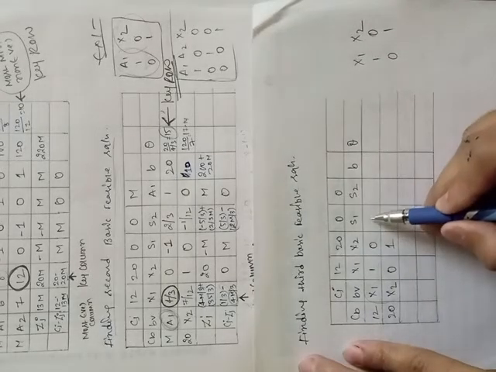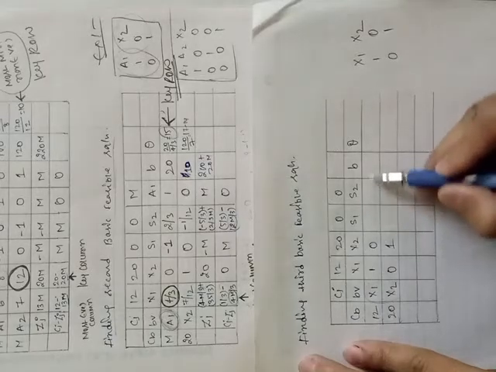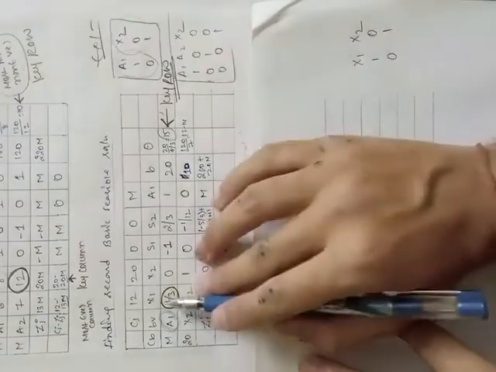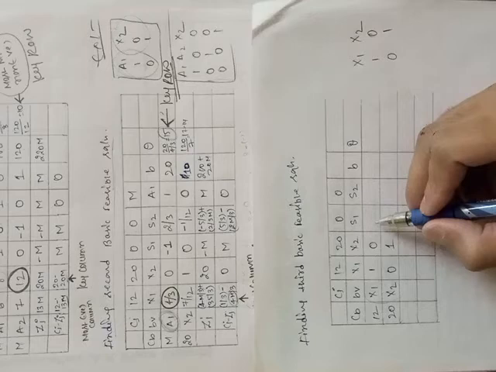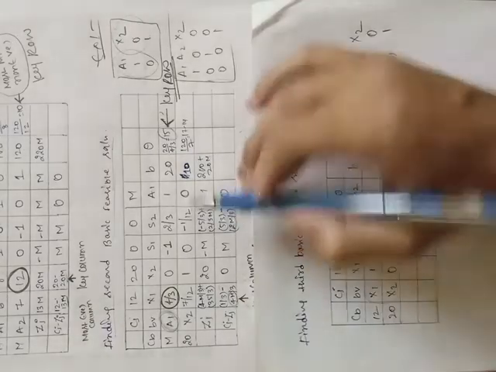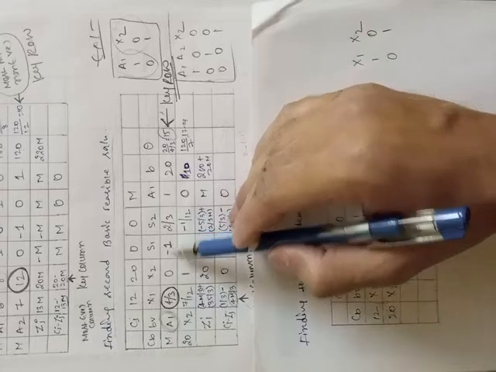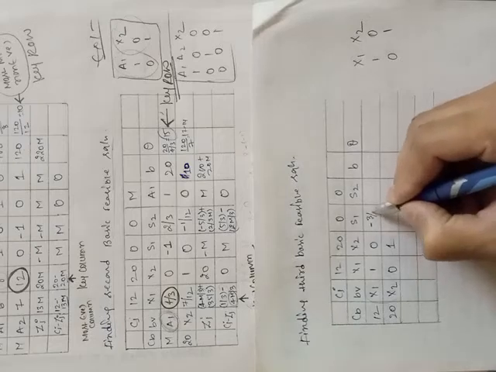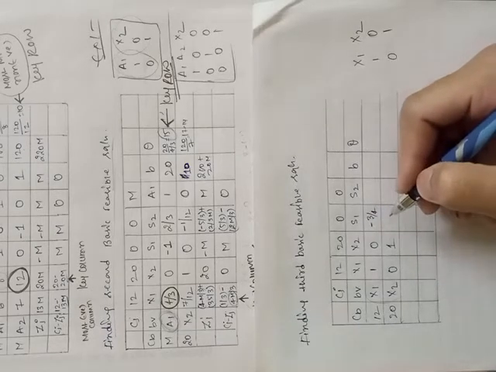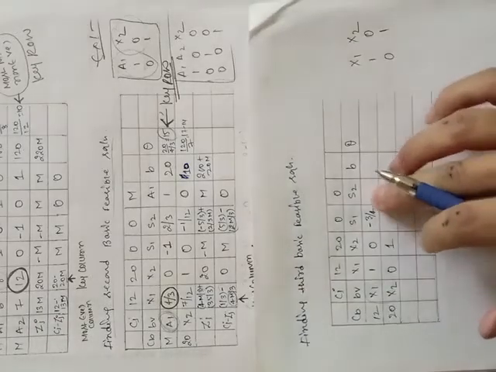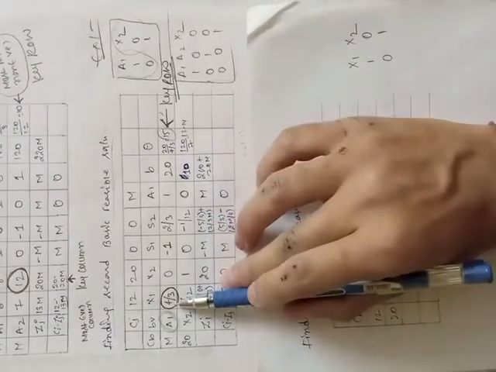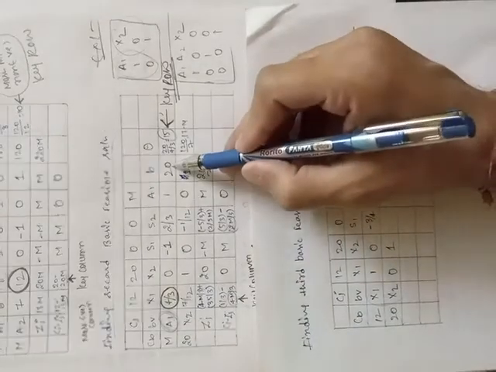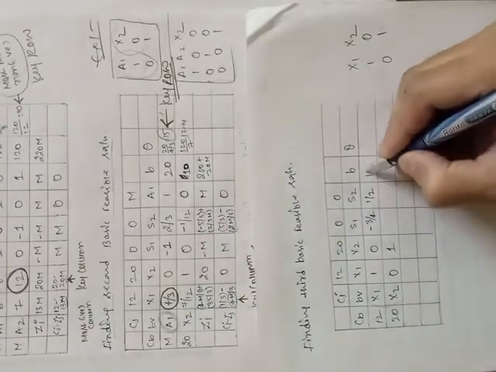We need to find these 6 blocks. So s1, in the previous table the value at this place, in the s1, is -1. -1 divided by 4 by 3, that is -3 by 4. And in the previous table at the place of s2, that is 2 by 3. 2 by 3 divided by 4 by 3, that is 1 by 2. 20 divided by 4 by 3, that is 15.